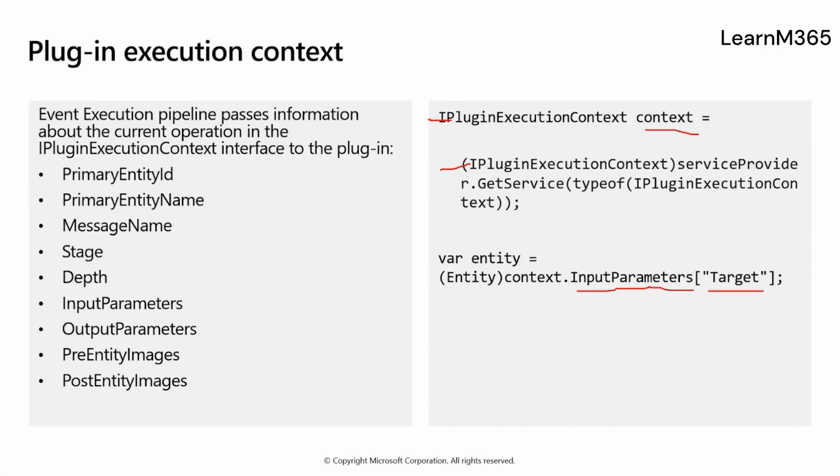The event execution pipeline passes information about the current operation in this particular interface. We can refer to the primary entity ID, primary entity name, message name, stage, depth, and input parameters. So we are able to get all these options, right?